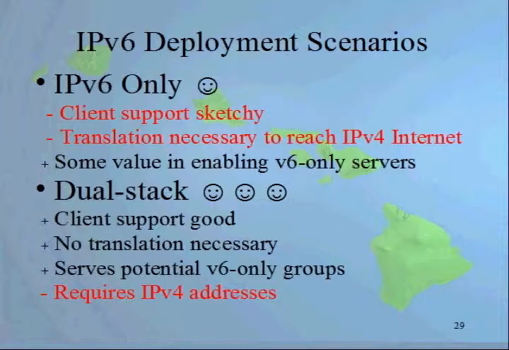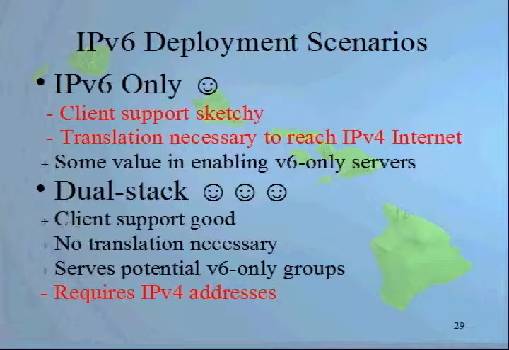So XP is included in the dual stack scenario. There's no translation necessary between v4 and v6, whereas with v6 only, if they're going to reach more than the very small number of sites that are currently connected on v6, they've got to have some way to reach the v4 internet.